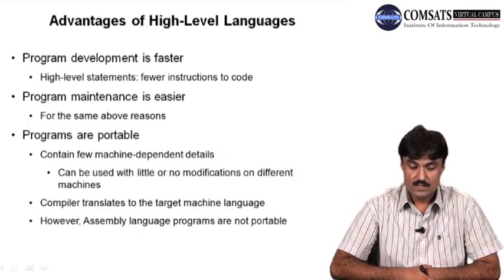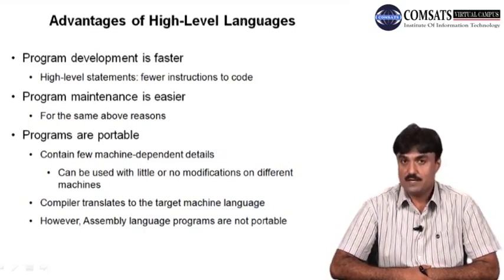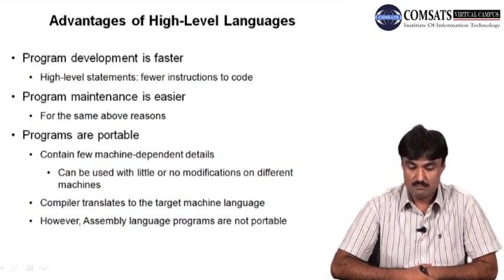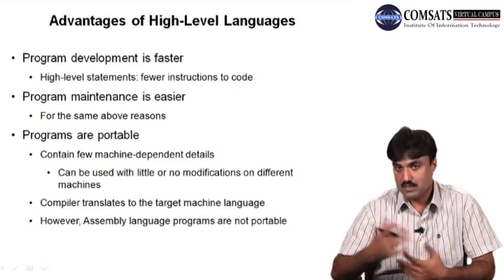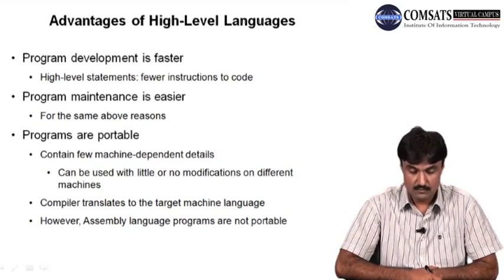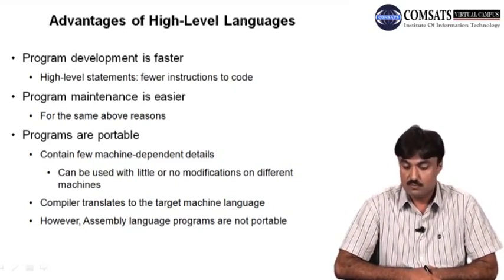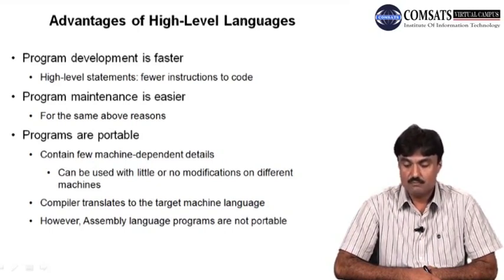The second advantage is that program maintenance is very easy. It's easy to maintain a program, for the same reasons as we have discussed above. And programs are portable, contain few machine-dependent details, and can be used with little or no modifications on different machines.